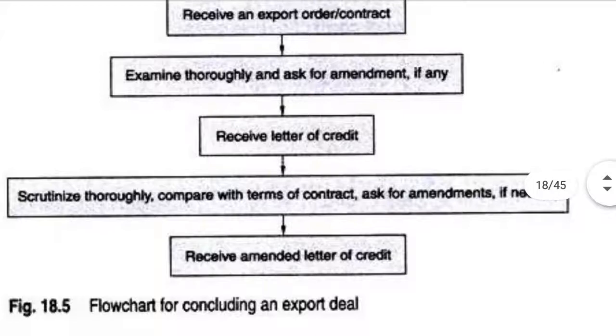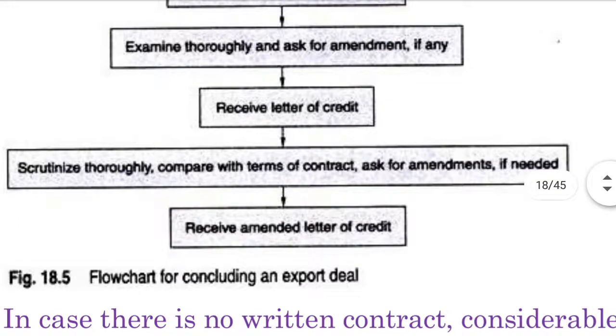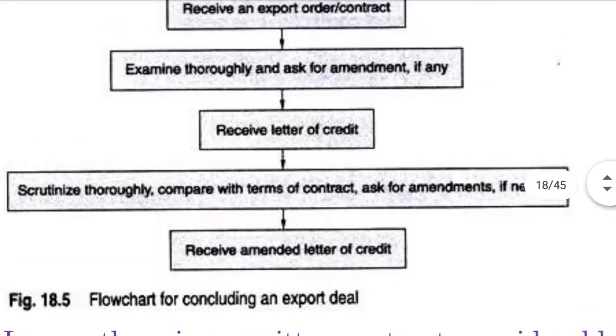Letter of credit: after the agreement is done, receive the letter of credit. Scrutinize it thoroughly and compare the terms with the contract. We will check properly the documents, terms and conditions, payment term, Incoterm, goods description, and the dispatching of the goods from factory to buyer.